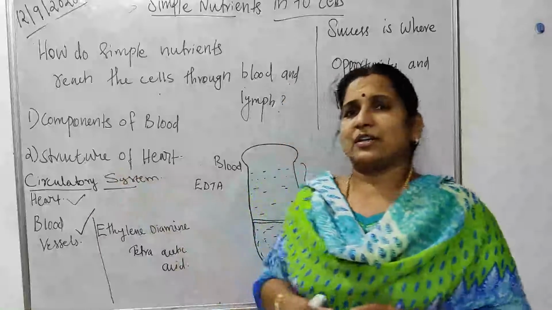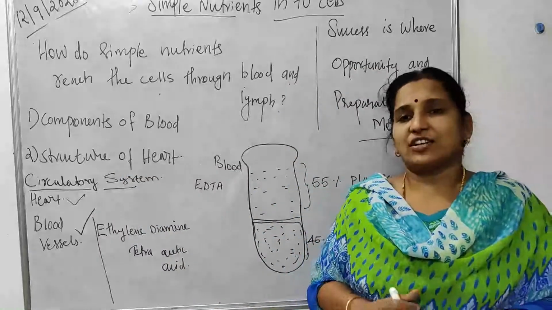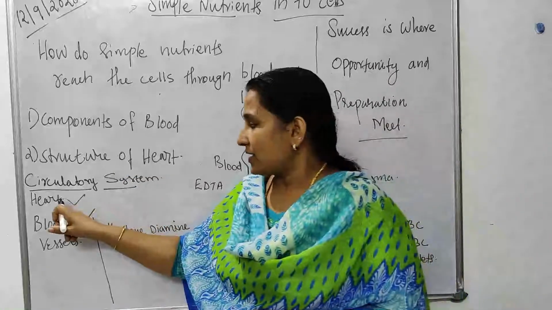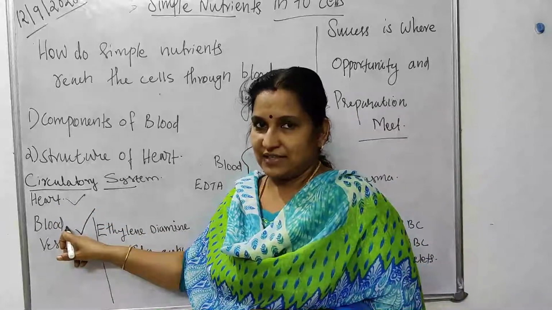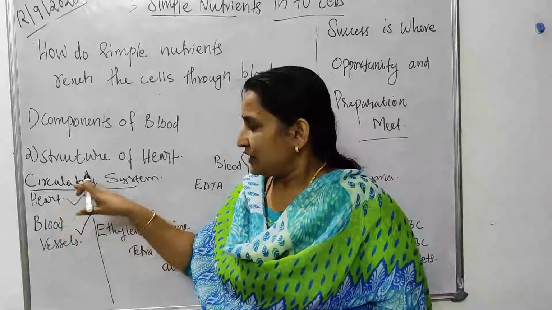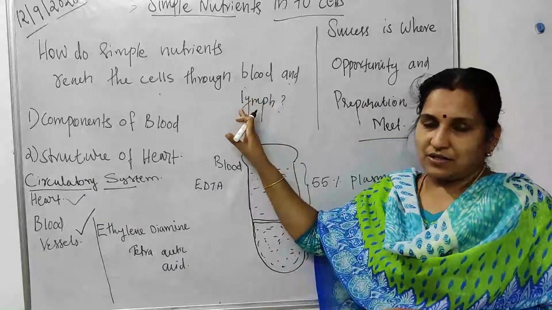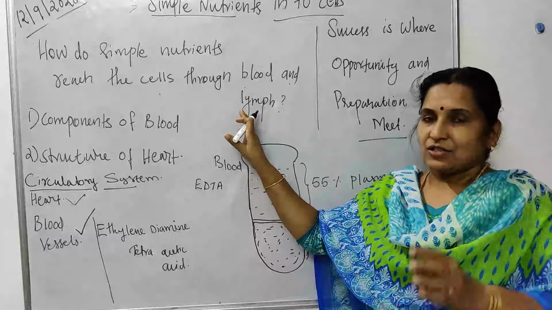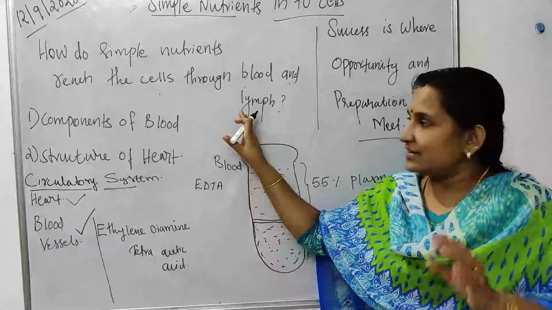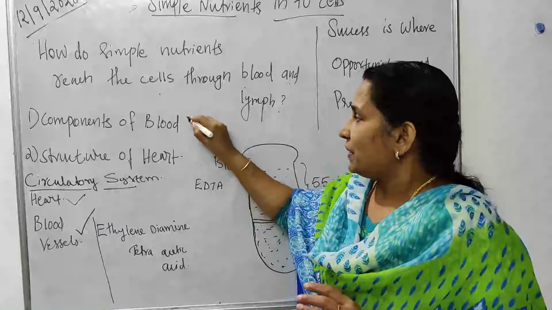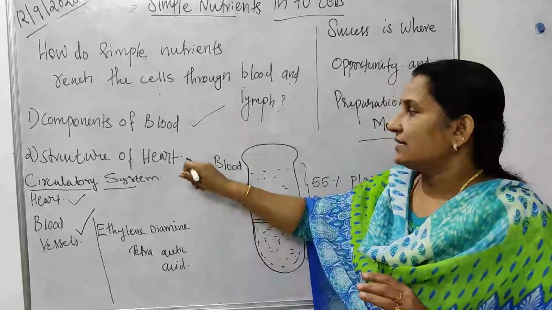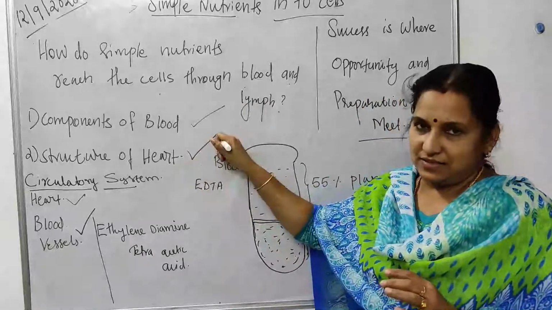The two important parts of the circulatory system are the heart and blood vessels. So the topics to be covered in this session are the components of blood and the structure of the heart.